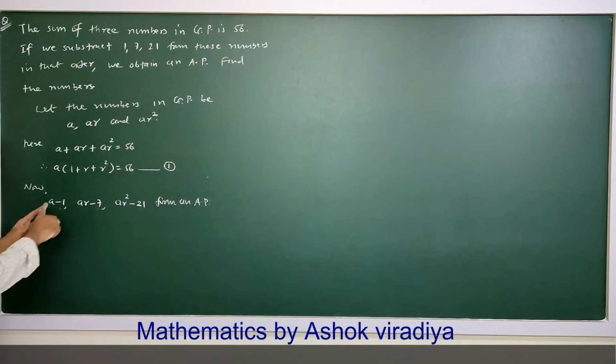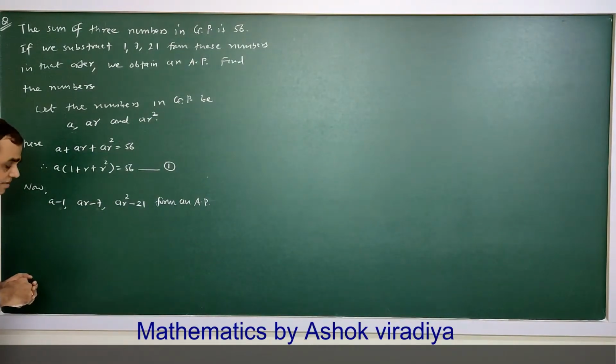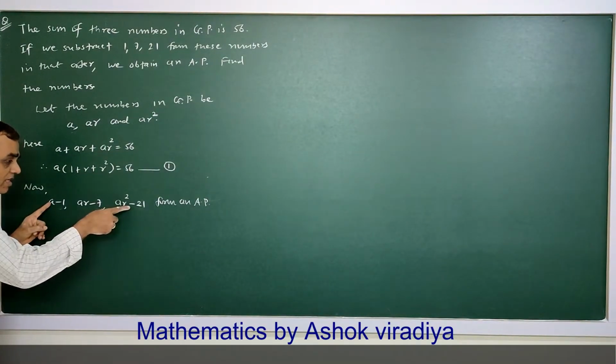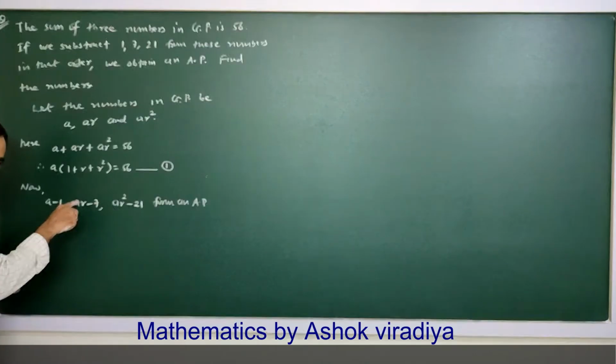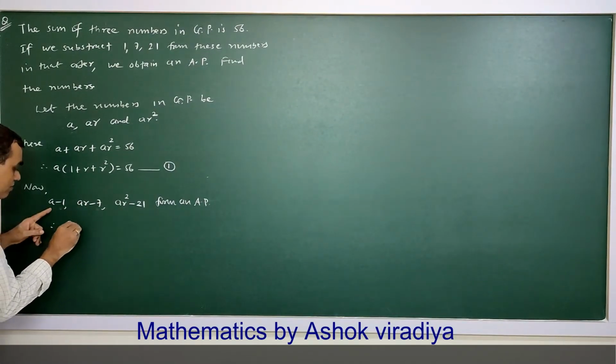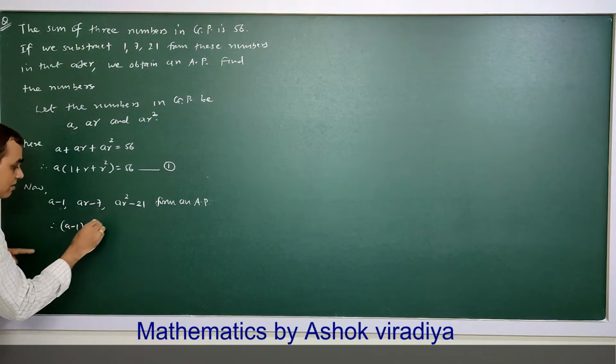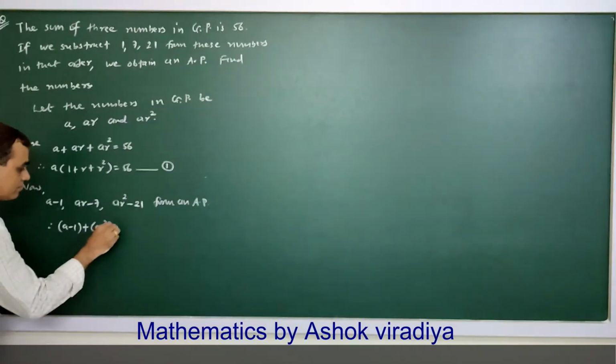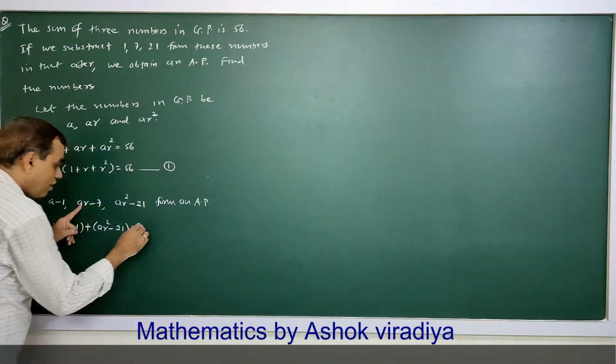And if three numbers are in AP, then the sum of the first and third number is double the second number.